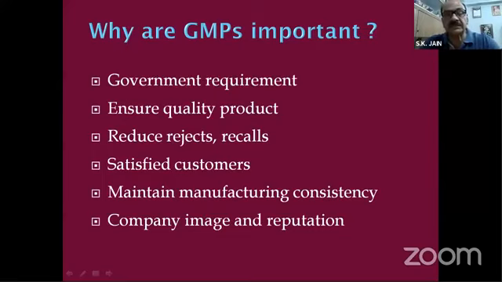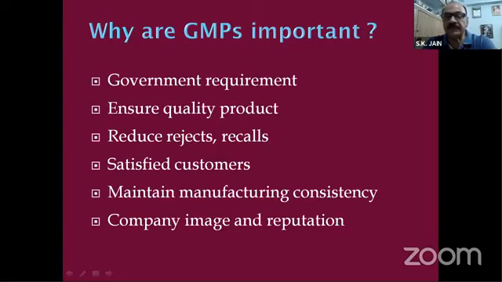And if you are following GMP practices, no doubt it reduces the rejects and recalls of the products. Naturally, if the rejects and recalls are reduced, the cost of the product is reduced, the financial burden on the pharmaceutical industry is reduced, and at the same time it satisfies the customer also, right?